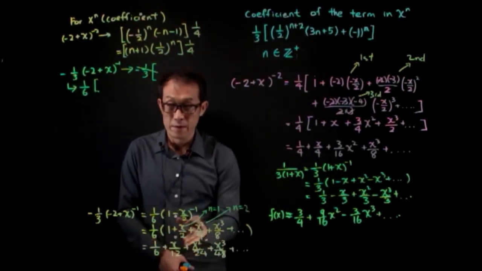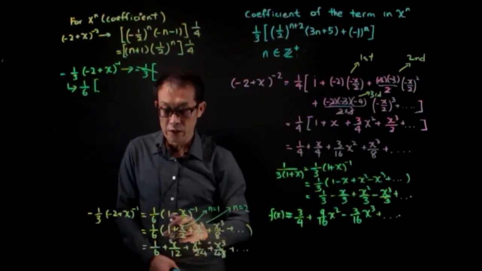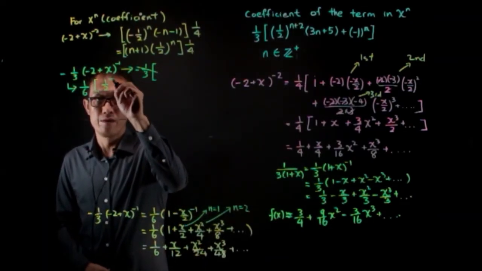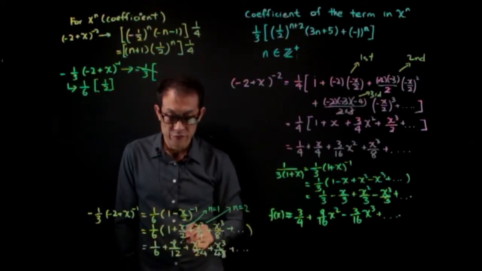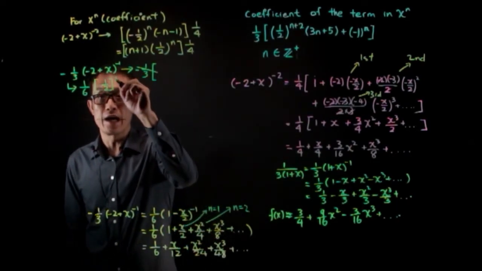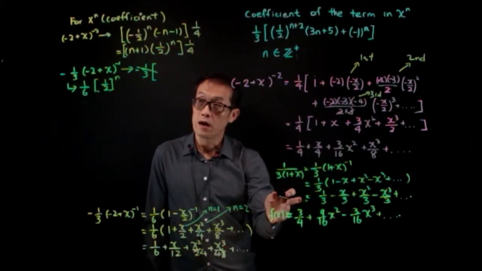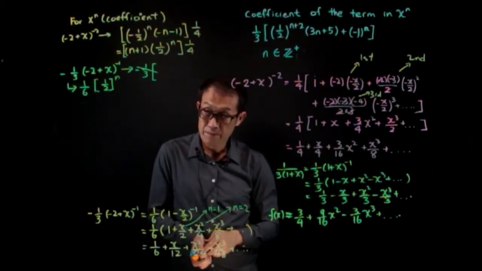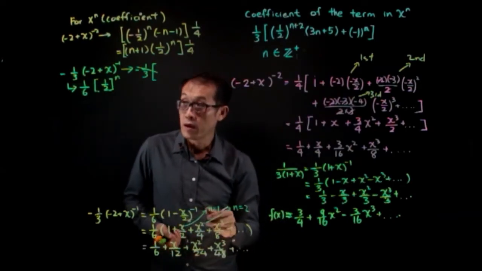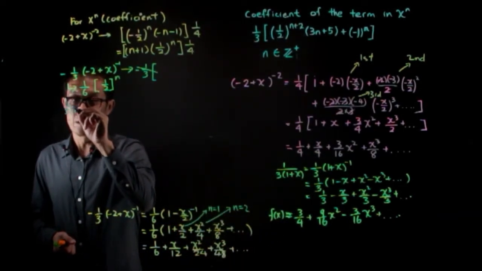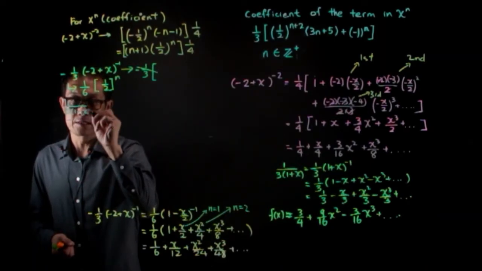So what do you get over here? You get half to the power of n. How about this term here? This is 1 over 3 into 1 plus x.